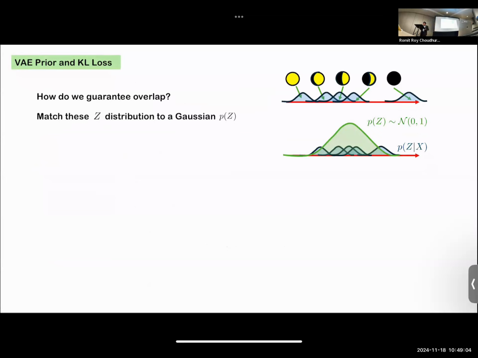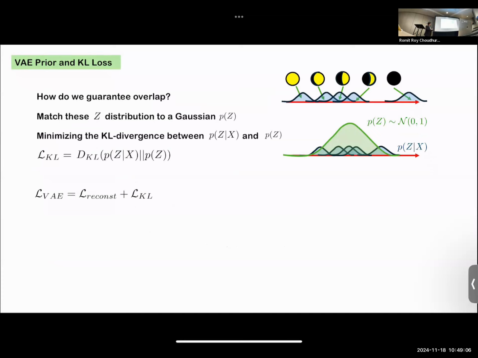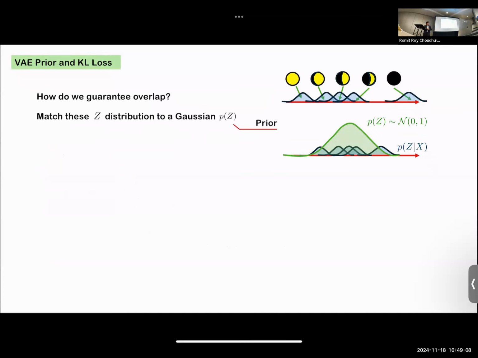And why will it guarantee an overlap? Because if you need to fit all these aggregated posteriors with this green curve, that means I have to insert a lot of small distributions under this big umbrella, so they cannot be too far away.